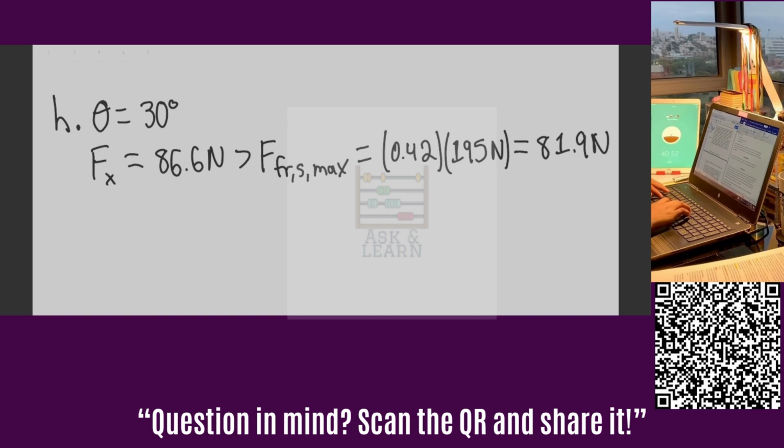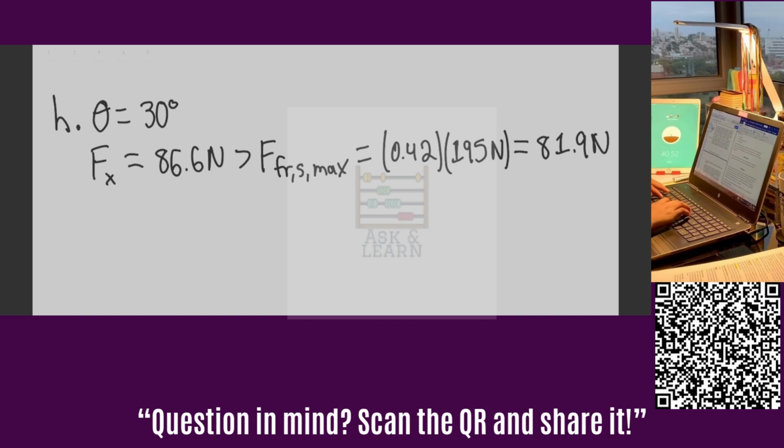And then for I, we know that theta equals 60 degrees. And this is going to be less than the force of static friction max, which would be equal to, again, the coefficient of static friction, 0.42, multiplied by 158 newtons.